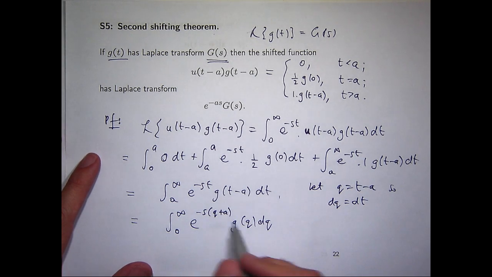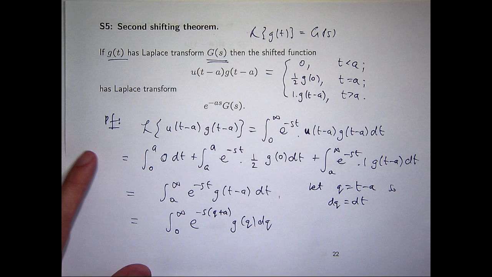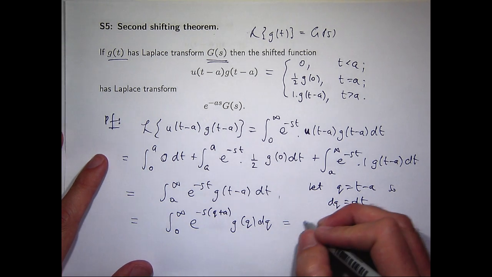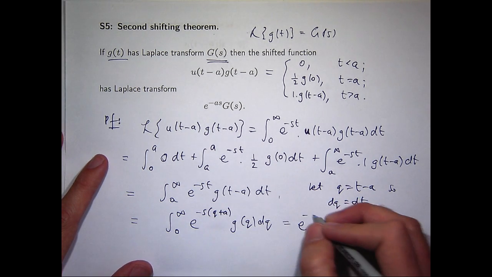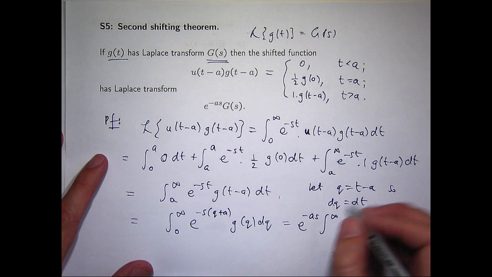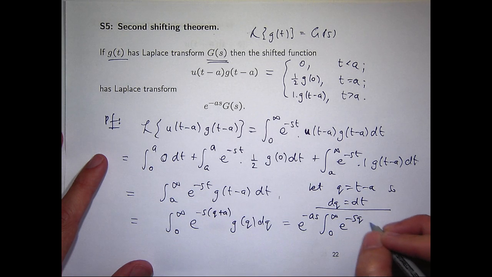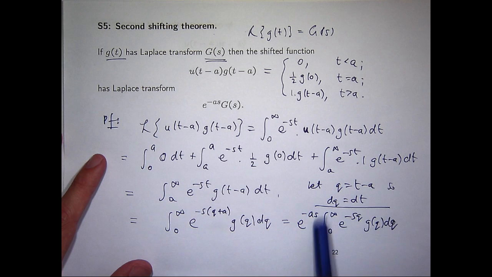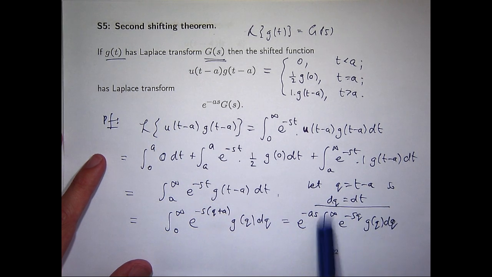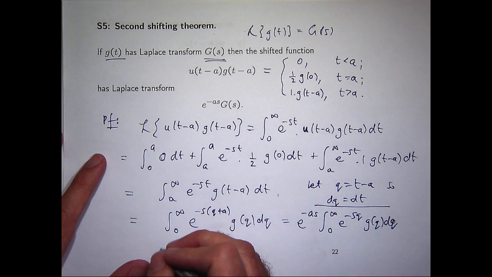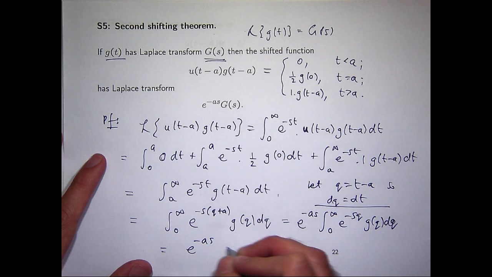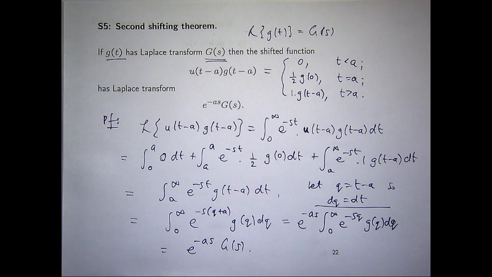Okay, so now what I can do is pull out one of these exponentials. And you'll see that's just the Laplace transform of g, and I've got this multiplication of this exponential. So that's why it works.